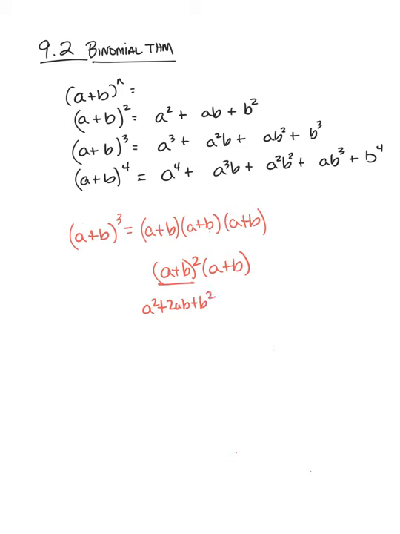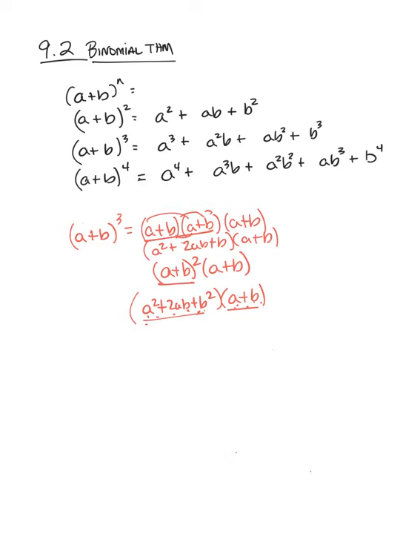I know, however, having taught this class for a long time, some of you would FOIL this and say a squared plus ab and ab is 2ab plus b squared, and then you take that times a plus b. Either way, you end up with this trinomial times this binomial, and you have to take everything in here times everything in here, and you're going to come up with an answer.